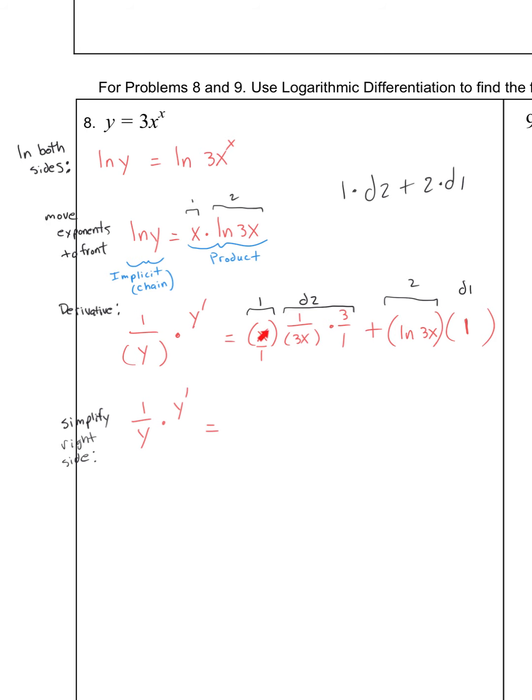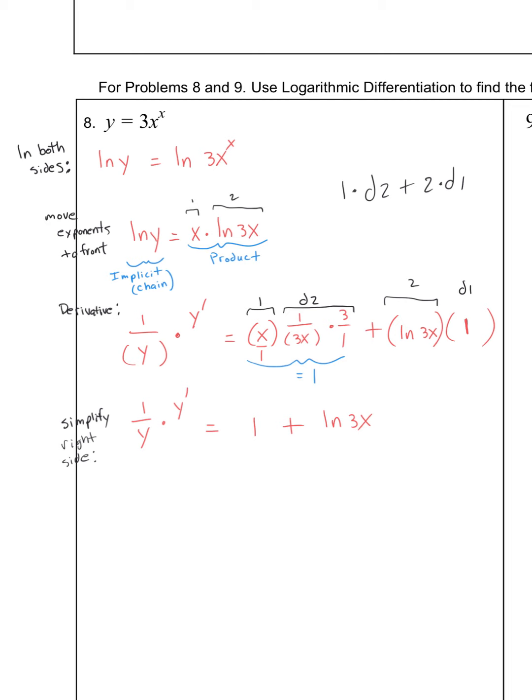You can see that these x's cancel and these 3's cancel. So this whole thing right here, everybody, simplifies to 1. So we get 1 plus, and then right here, this is just ln 3x times 1. So 1 plus ln 3x. So that simplifies really nice.